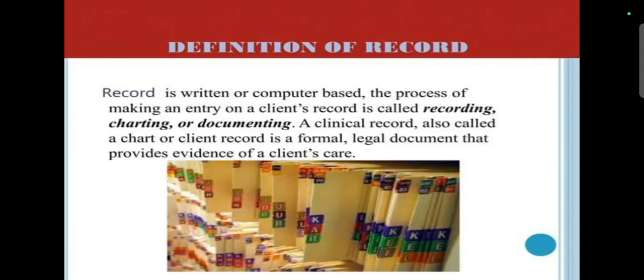So first of all, I want to introduce what a medical record is. A medical record is a legal document that is a chronicle of the patient's medical history and care. Physicians, nurses, practitioners, and other members of the healthcare team may make entries in the medical records.